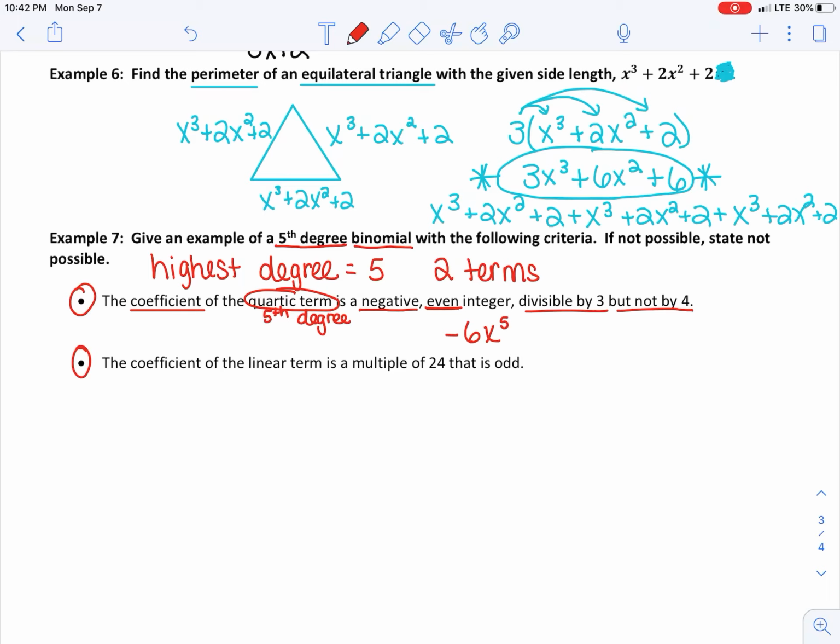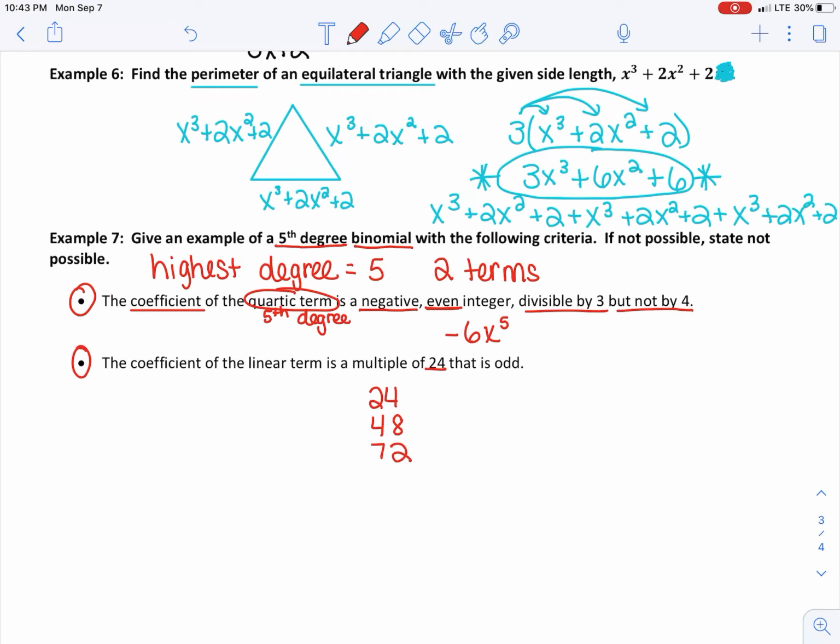But then for the second part of this, it says the coefficient of the linear term is a multiple of 24 that is odd. Anytime you have a number like this, 24, an even number, if you double it, it's going to give you another even number. If you triple it, it's going to give you another even number.